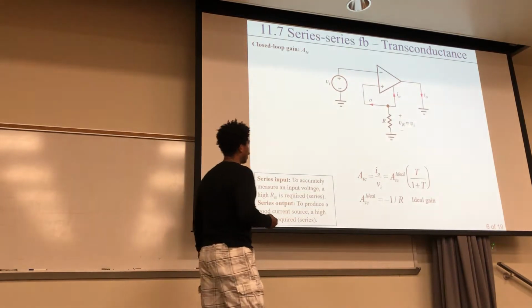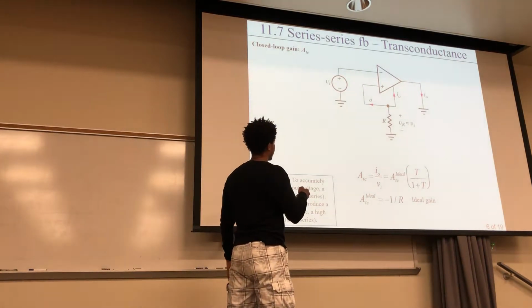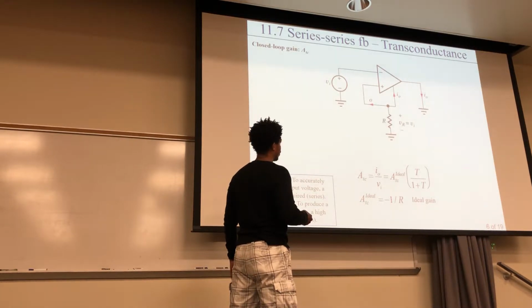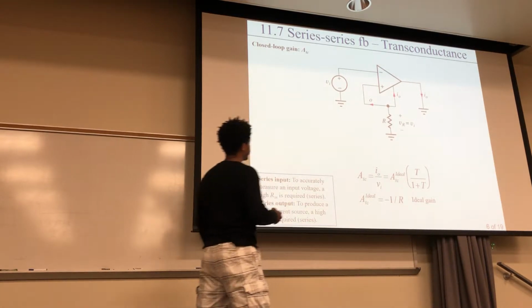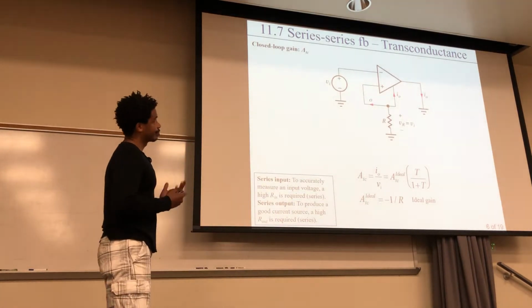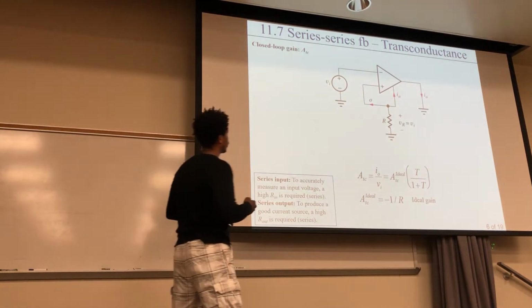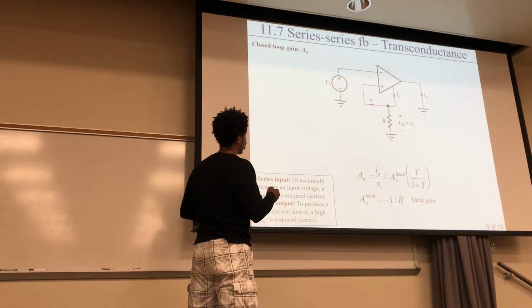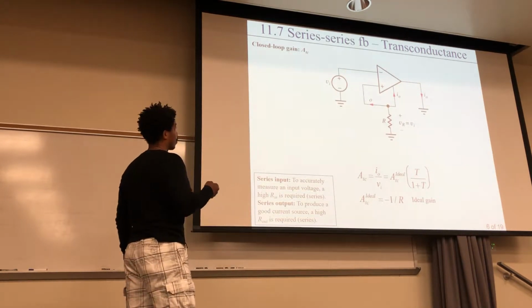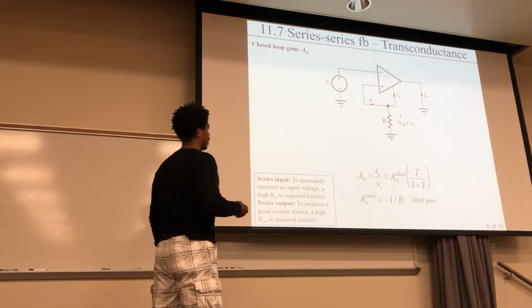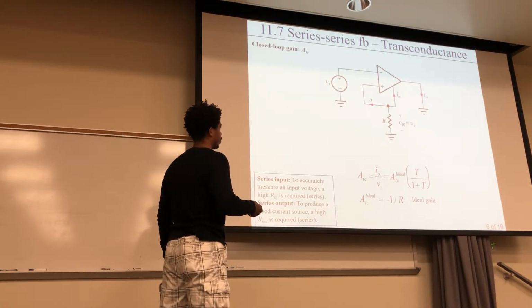Now the ideal, if you worked it out, would be negative 1 over R. This is the voltage coming in, it's copied to over here, so you know what this voltage is, and then you can generate what this current is, and that's the current coming out right there. So if you look at the output over the input, you would get this negative 1 over R.